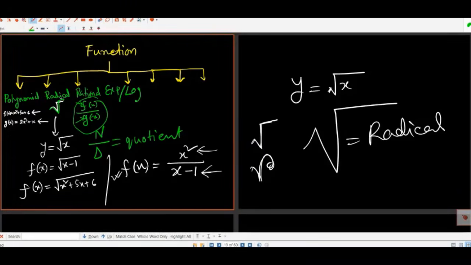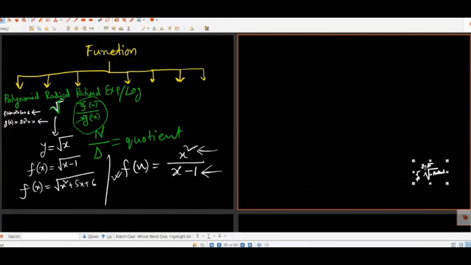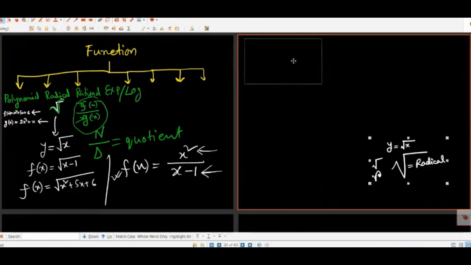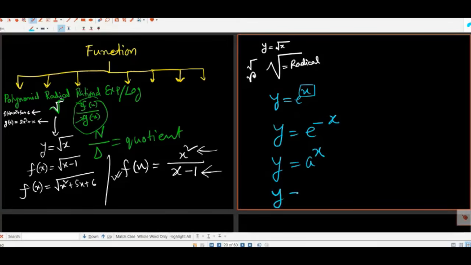After polynomial, radical, rational, we may have other classifications also, that is exponential or logarithmic function. So what is exponential and logarithmic functions? Let me show some examples. y equal to e power x, y equal to e power negative x, y equal to a power x, y equal to 2 power x plus 1.